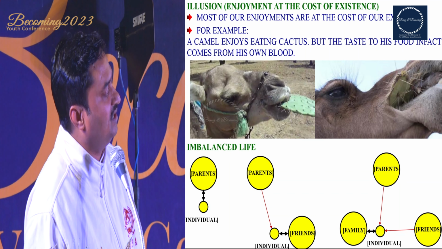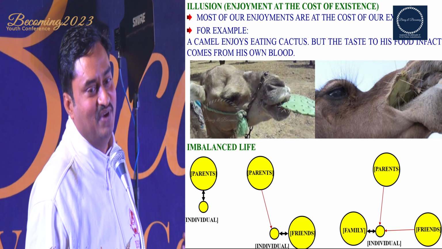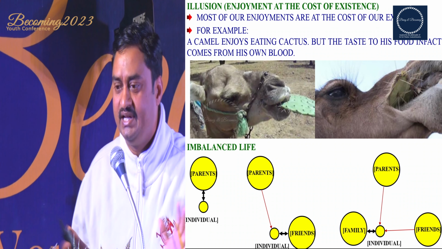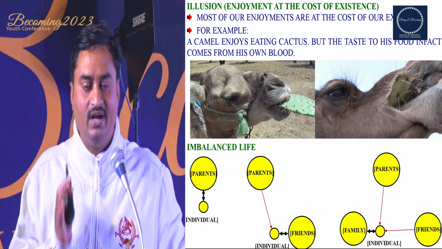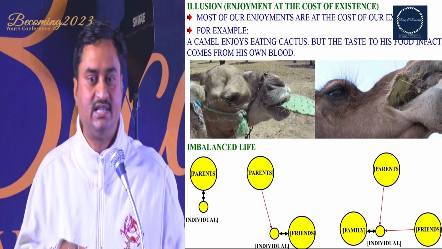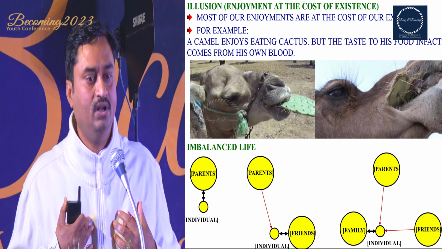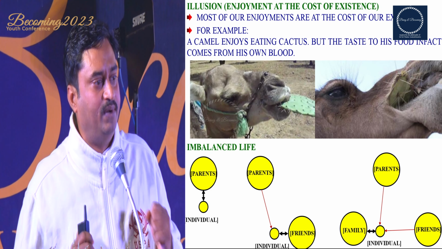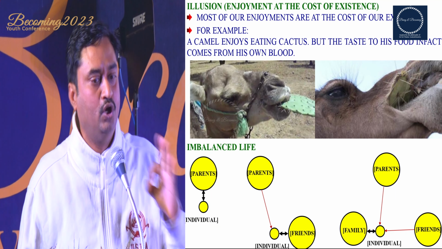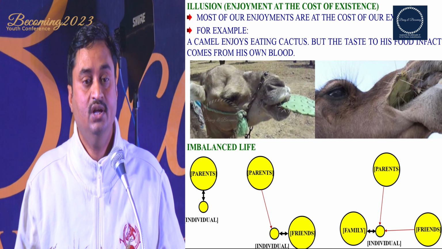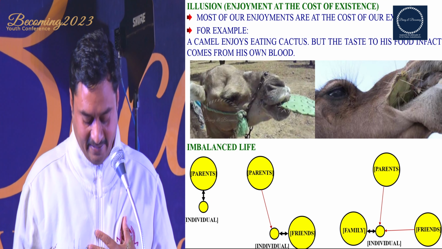Then his family comes, he becomes more attached to the family, and again gets detached from the rest. So it is very difficult to strike a balance among all the relationships I live. As an individual, I'm failing to strike a perfect balance between all the relationships. So this imbalanced life is another major challenge I'm facing.